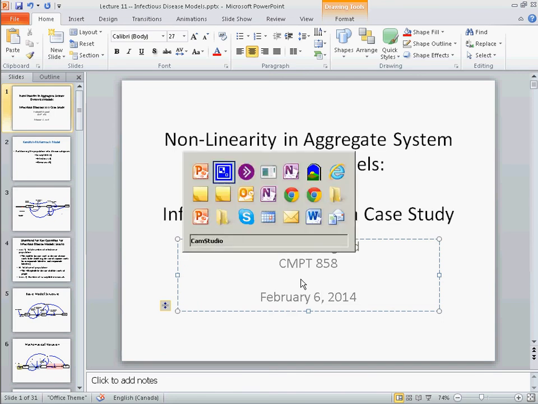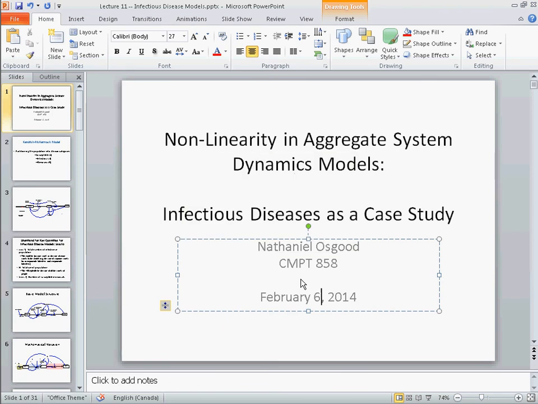Secondly, I would like you to expand this model with two features. Feature one, I would like you to expand it with a new stock, and that stock will be a vaccination stock, where people have been vaccinated. Imagine that we assume that vaccination confers immunity to infection.